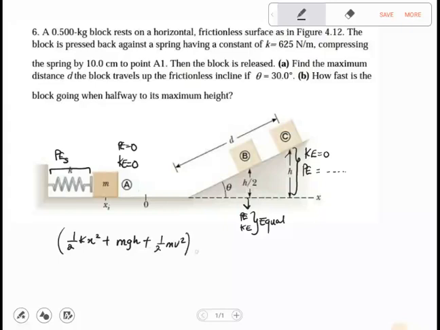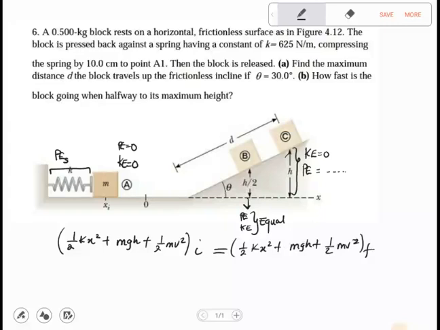This is all initial. This should be equal to the final one, which is half kx squared plus mgh plus half mv squared, final. That's conservation of energy.